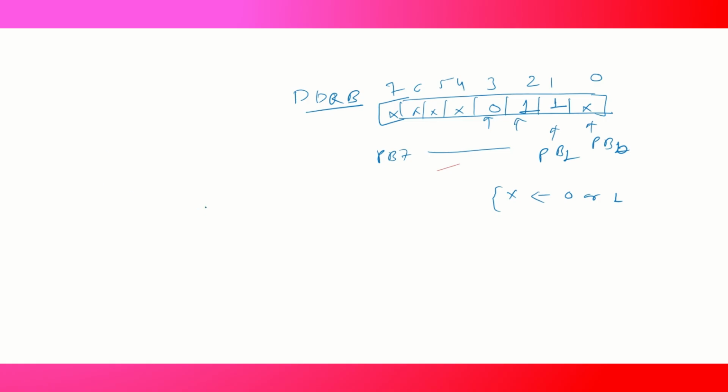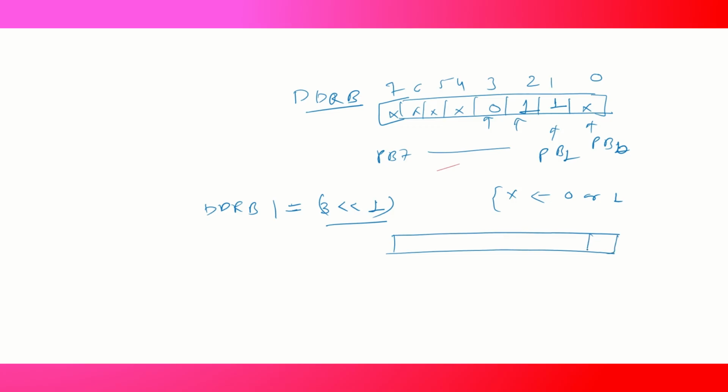So first we'll write DDRB OR is equal to 3 left shifted by 1. Now this is equivalent to, so here we have the number 3.